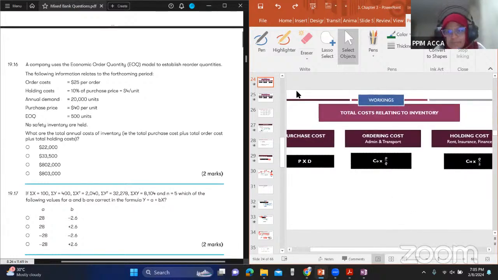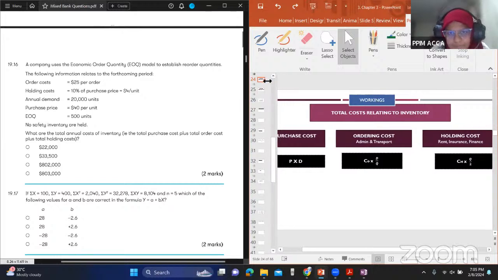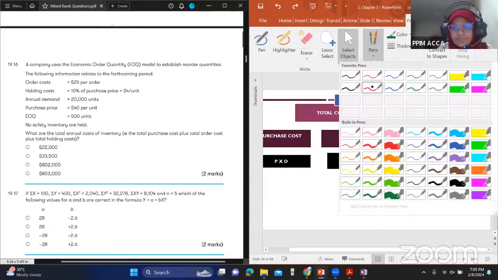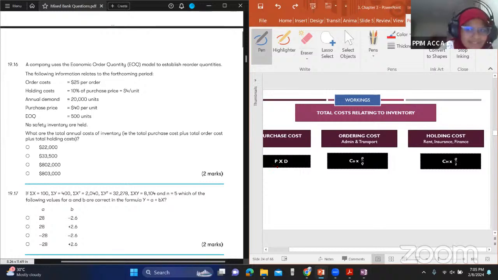If you need to get the purchase cost, we have to take the purchase price and multiply it with the annual demand. So what was the purchase price? 40 per unit. So that is 40 into the demand, which was 20,000.